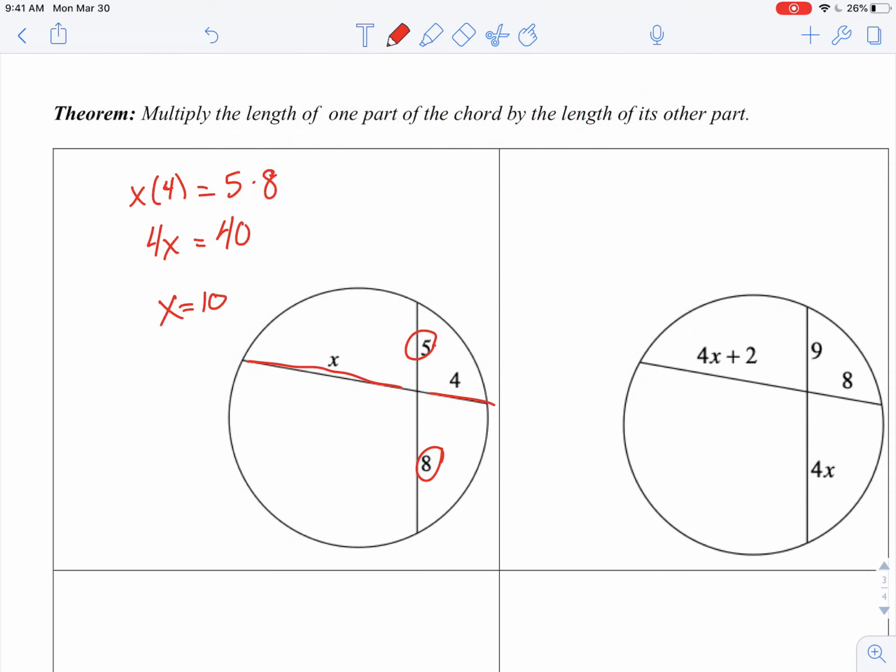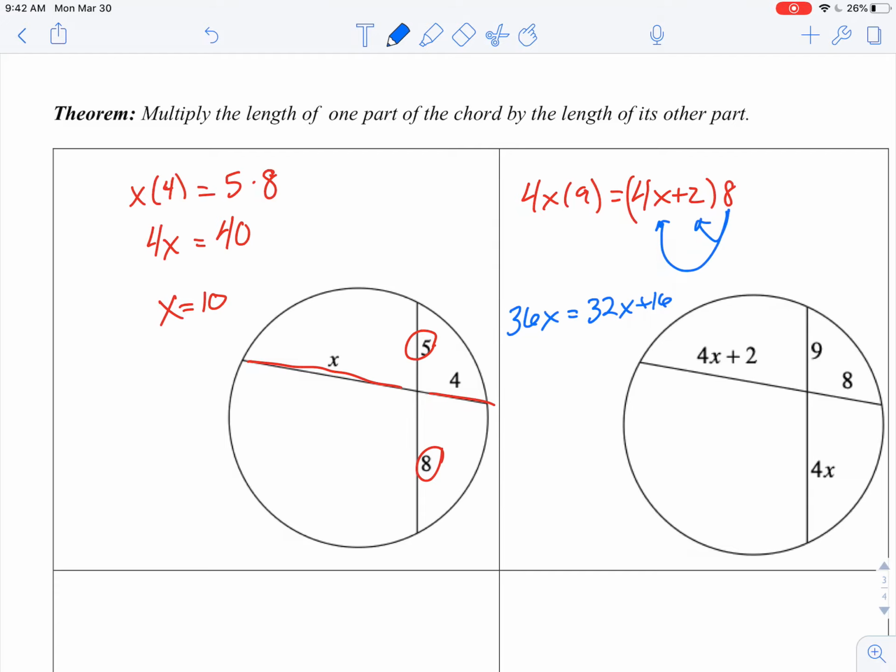Same thing here. I'll just take one part of the chord times the other part of that same chord. Don't need to add anything. So 4x times 9, I'll set that equal to 4x plus 2 times 8. But the thing we've really got to be careful about here is distributing.